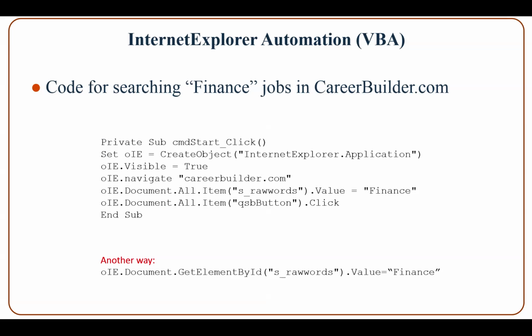So you create an object of Internet Explorer and then navigate Internet Explorer to careerbuilder.com and access the element for the keyword box on the web page, and assign it the string finance, and then programmatically click the Find Job button. And this is VBA.